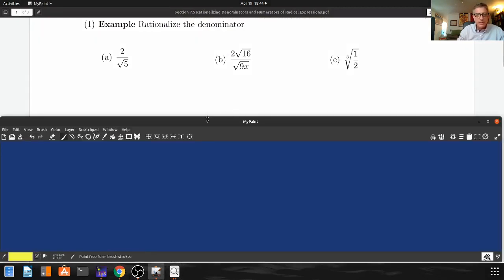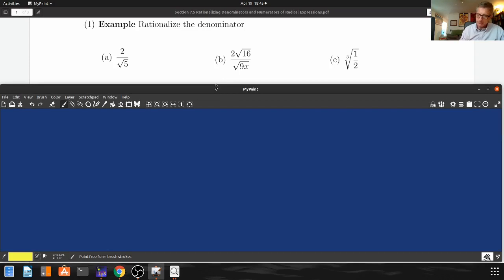So our first example, 1a, is 2 over the square root of 5. This is a real number, a 2 divided by another real number. So whatever transformation I do with this fraction has to be the exact same value.